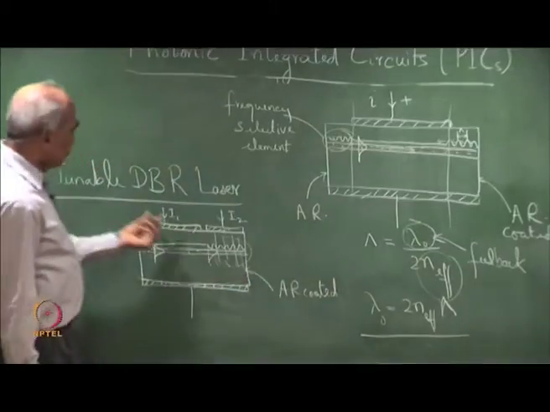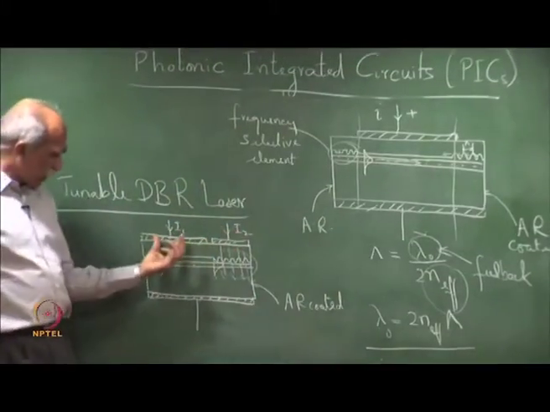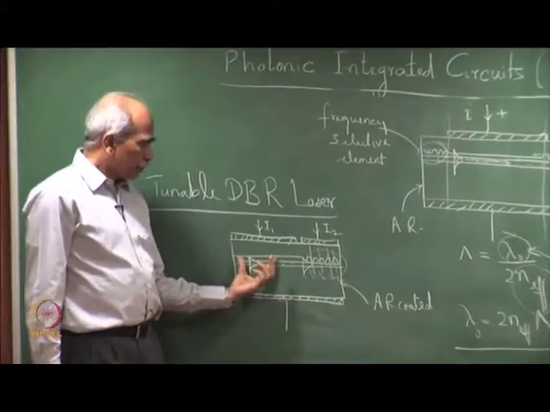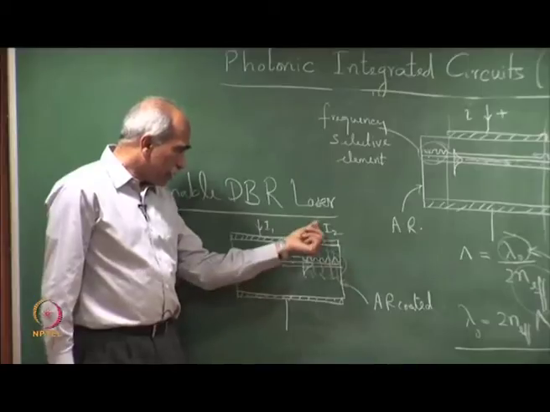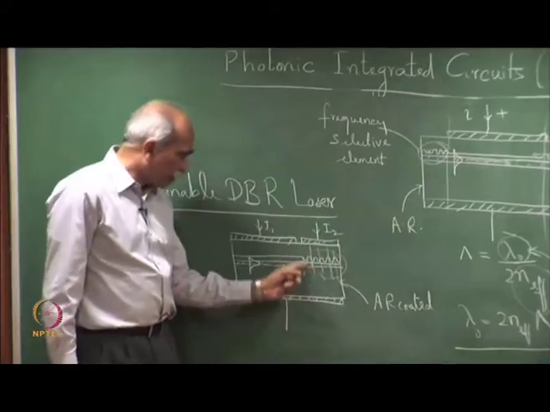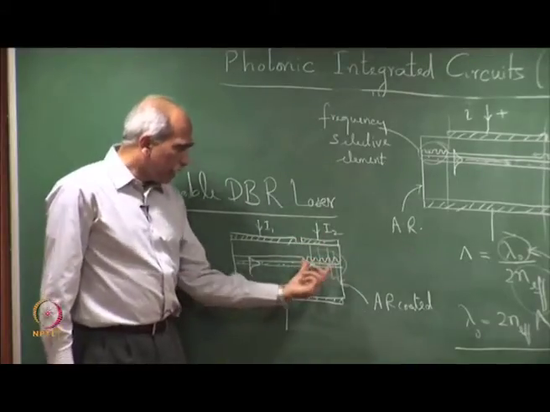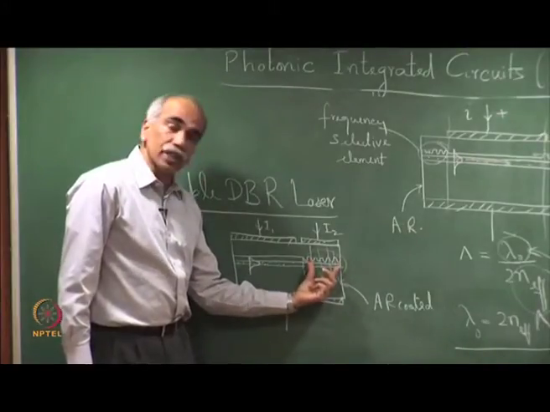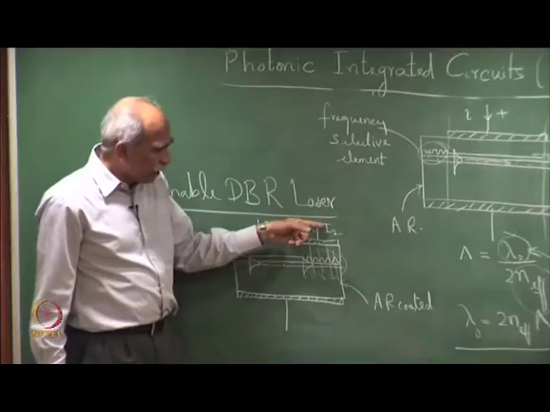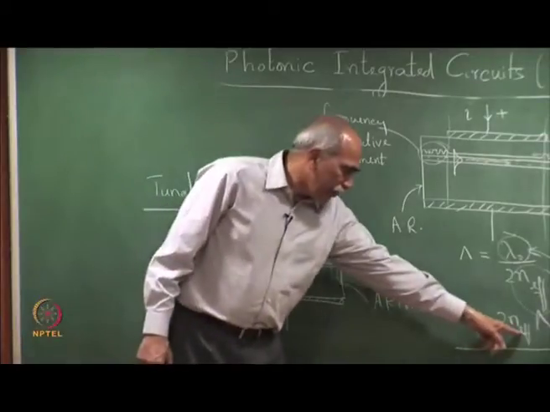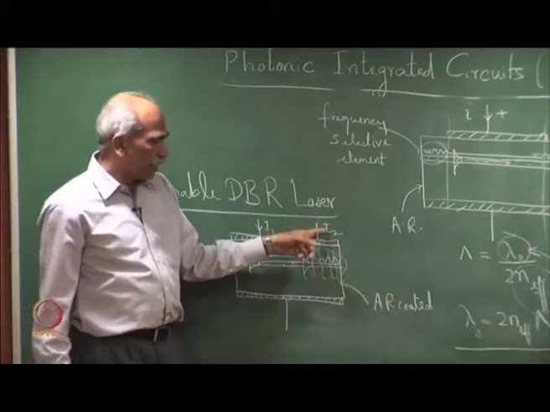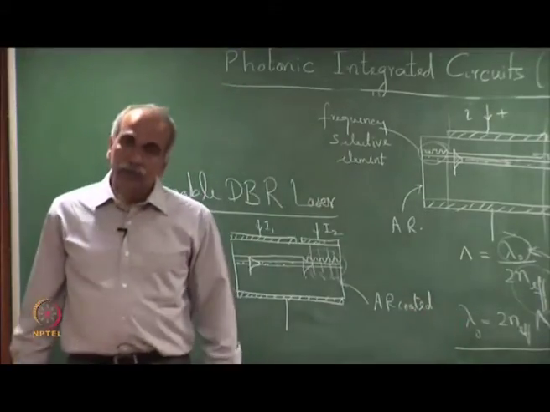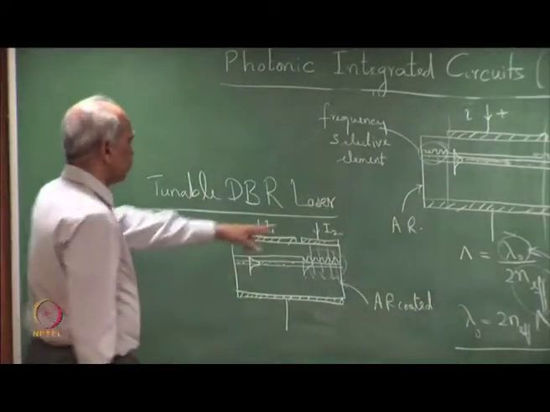So, we have two different currents here, one current determining the power and the gain in the medium. The second current determines the injection of carriers into this region, so that the variation of effective refractive index is determined by the second current, and therefore, N effective is controlled by the second current, and the output frequency is controlled by the second current I 2.